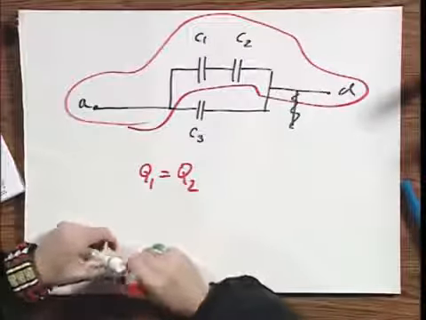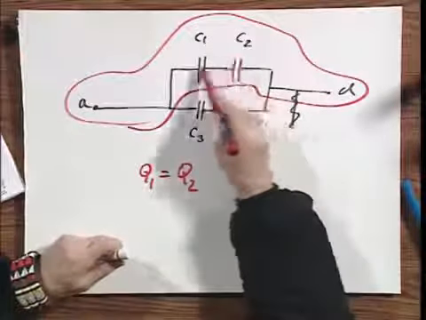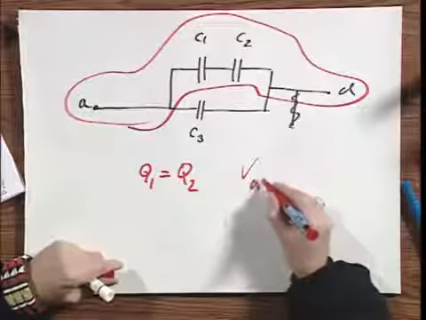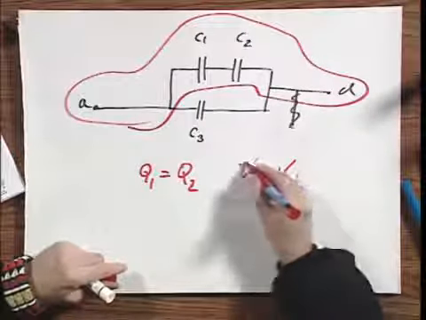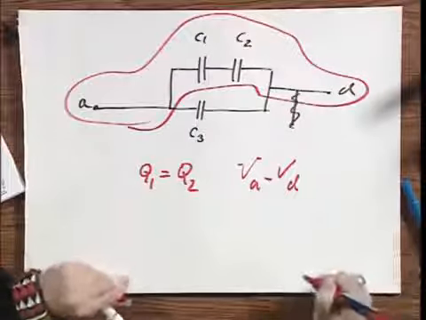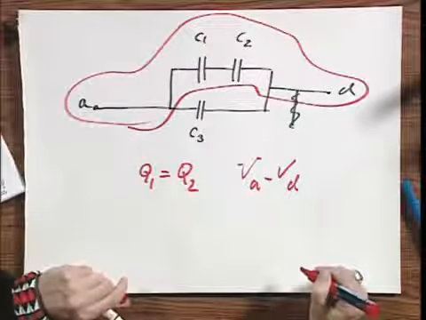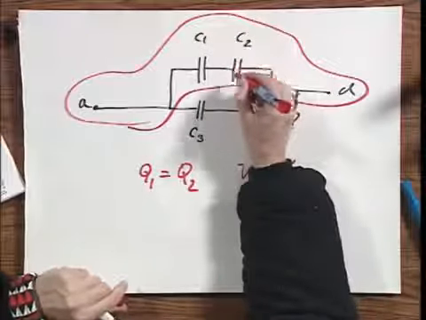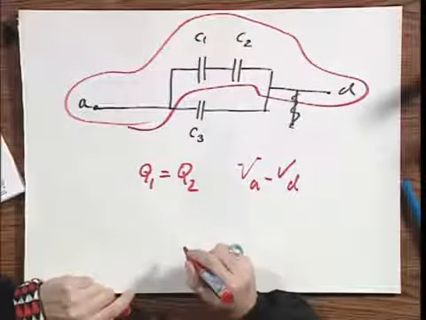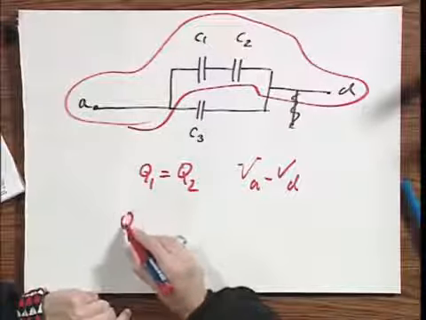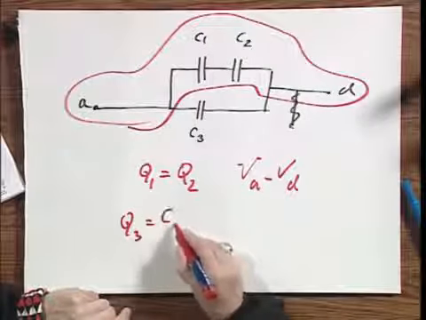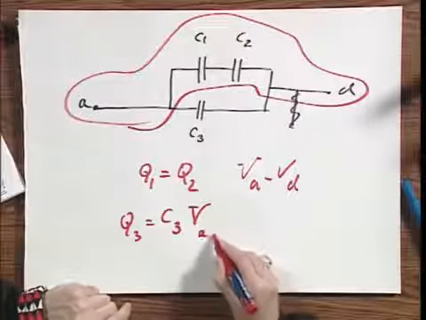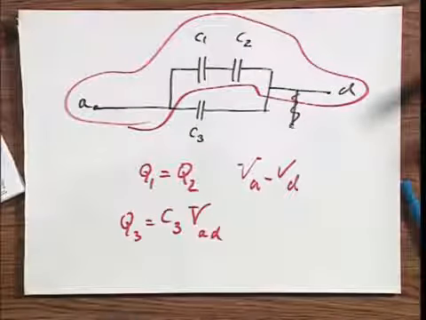And I would like you to, I leave you with the problem, because you do know what VA minus VD is. You know that because we just did that only 30 seconds ago. So you can calculate now the charge on here, and you can calculate the charge on there. Q3 equals C3 times the potential difference between A and D, which we just calculated.